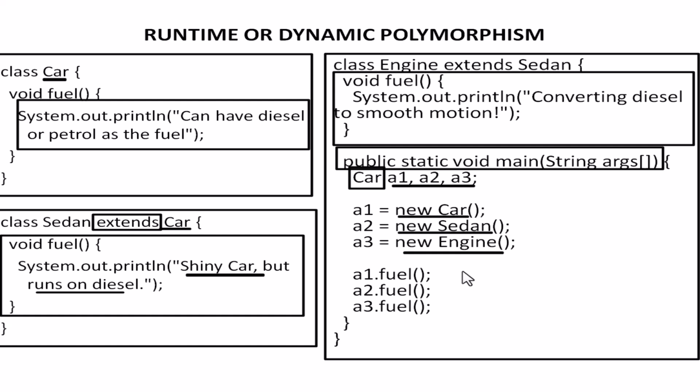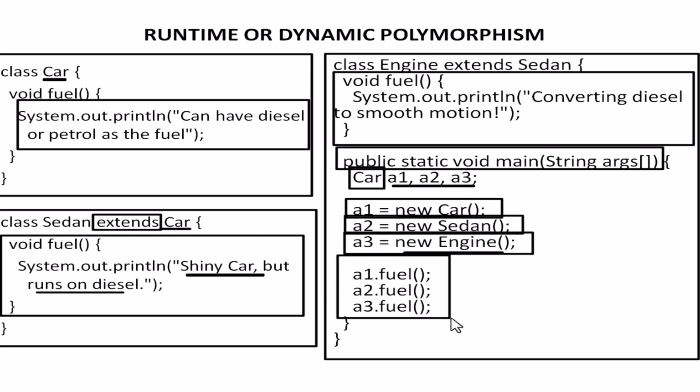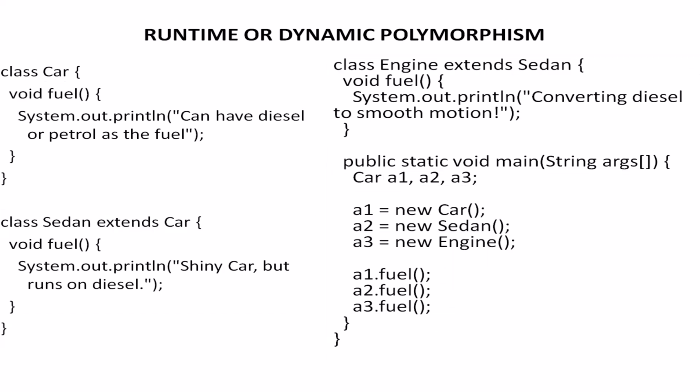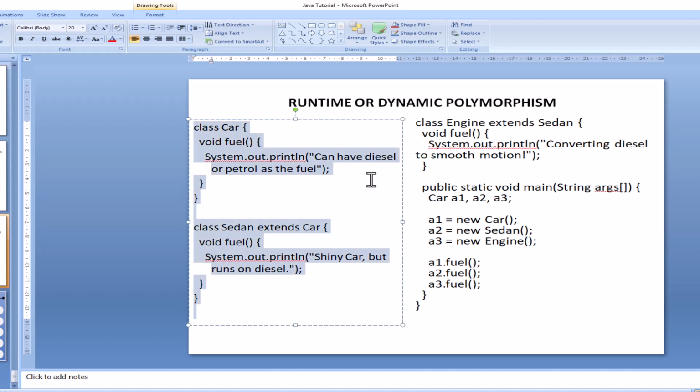If you observe carefully, we have not created Car A1, A2, A3 equal to new Car, but we have assigned A1 equal to new Car, A2 equal to new Sedan, and A3 equal to new Engine. These are different objects. Now we call A1.fuel, A2.fuel, A3.fuel. This kind of scenario is called runtime or dynamic polymorphism. Depending upon which particular object is called, the compiler has to take care which particular object needs to be invoked.